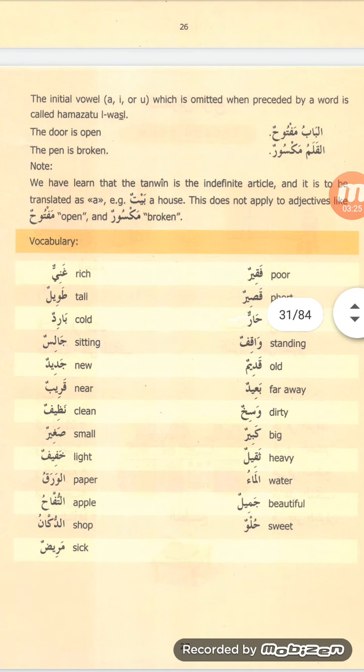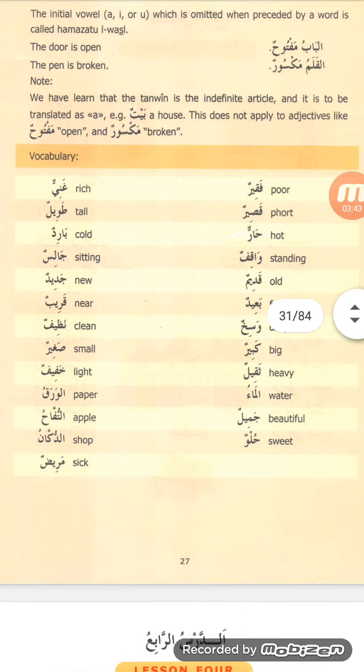The initial vowel a, i, or u, which is omitted when preceded by a word, is called hamzatul wasl.